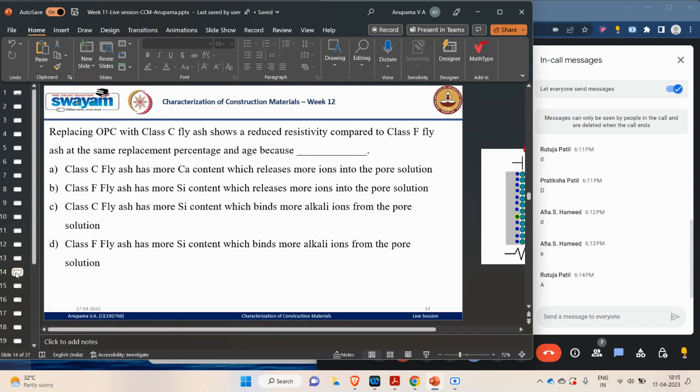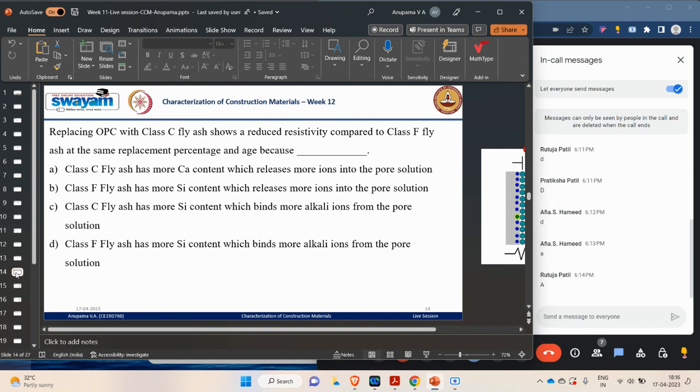Okay. Replacing OPC with class C fly ash shows a reduced resistivity compared to class F fly ash at the same replacement percentage and age, because dash. When you replace OPC with class C fly ash or class F fly ash, at the same replacement level and age, the one with class F fly ash has a higher resistivity.